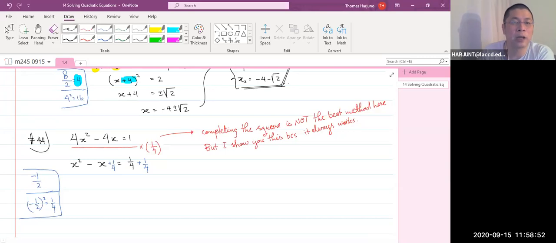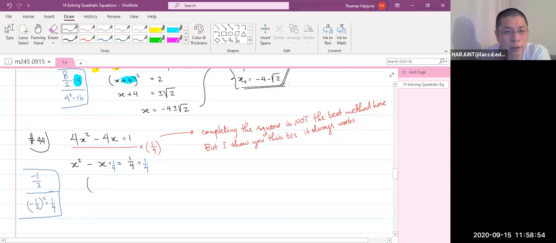Now that gives us a completed square on the left-hand side, x minus 1/2 squared equals 2/4. Yeah, you can simplify that 2/4.